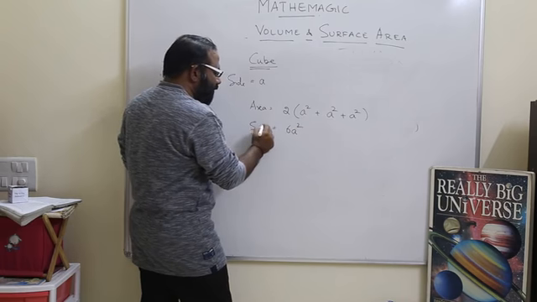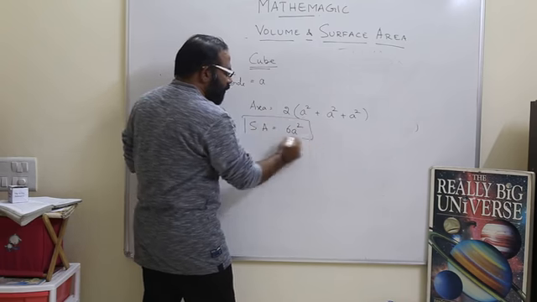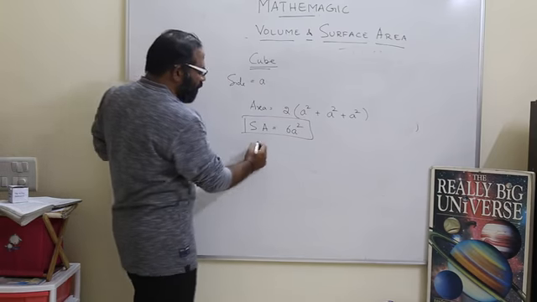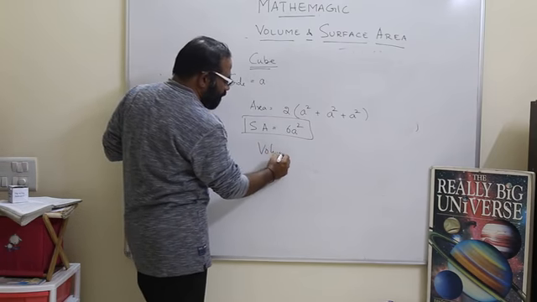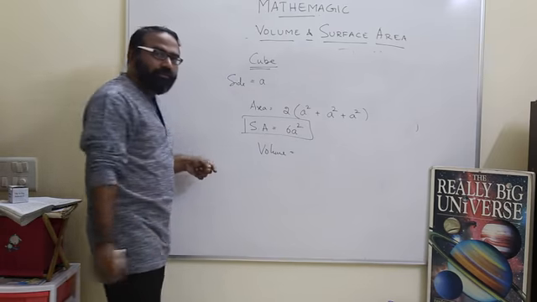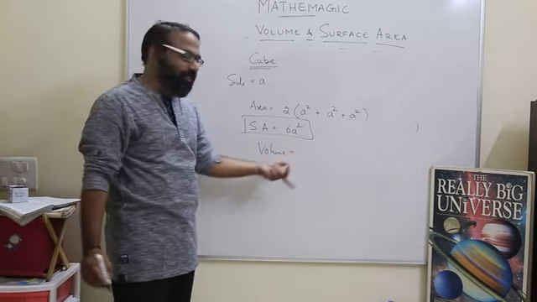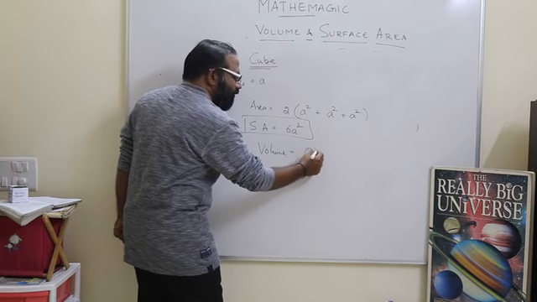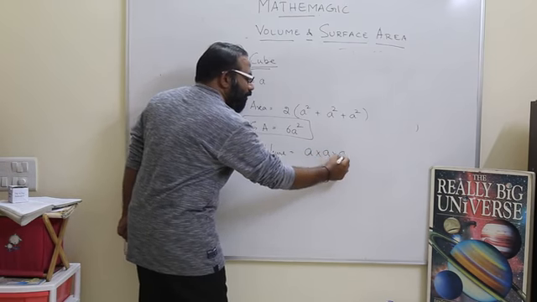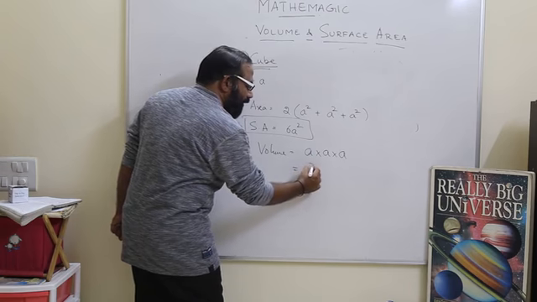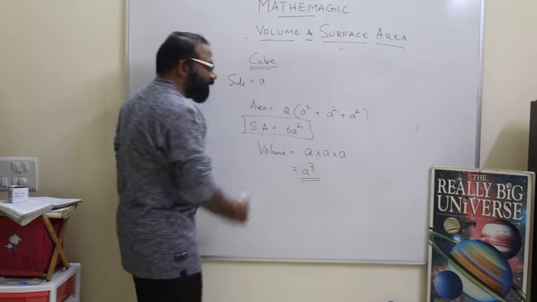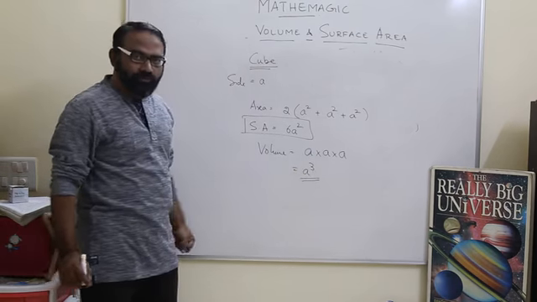That is the surface area of a cube. And the volume would be A into A into A, because L into B into H, here everything is equal. So this is the volume of a cube, A cubed.